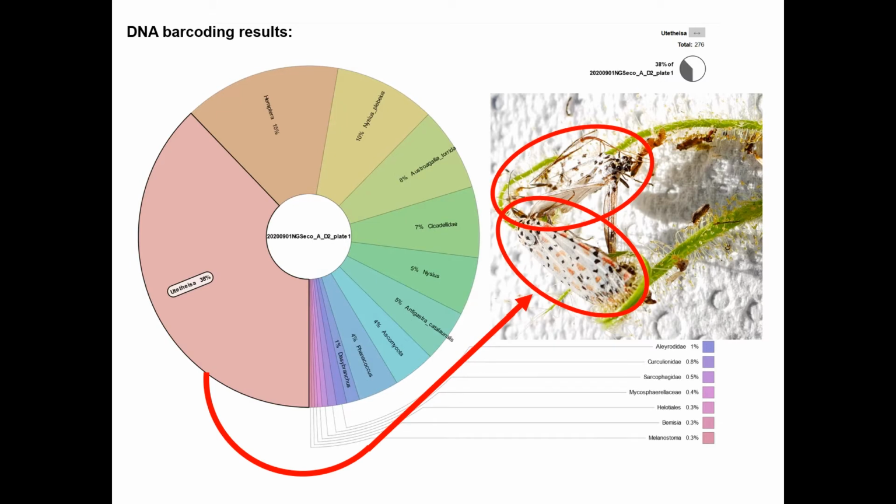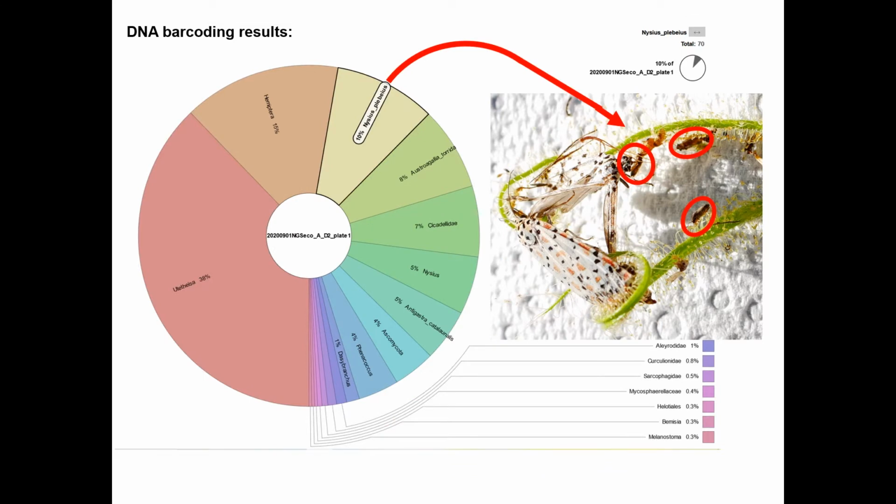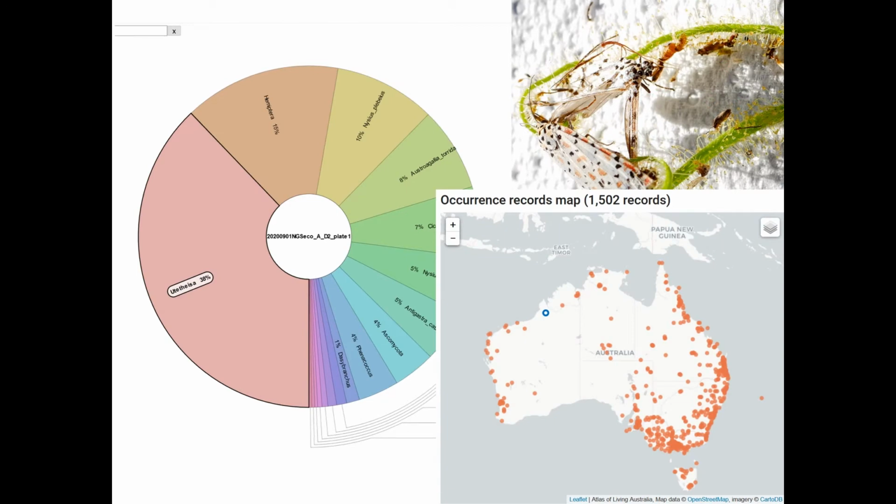So we can trace back here, for example, this moth genus Utetheisa. These 2 large individuals were represented by 38% of the barcode reads. And so we can identify each prey item sometimes to insect genus or even to insect species without being an insect taxonomist. And we also get new occurrence records here for Northern Australia, for example, where these insects were not recorded previously, but they are now recorded thanks to being captured by these plants.